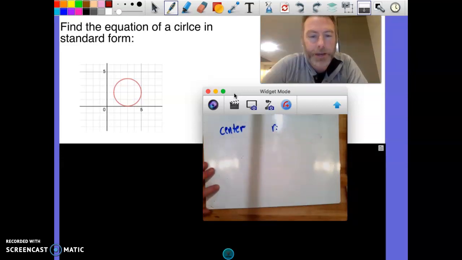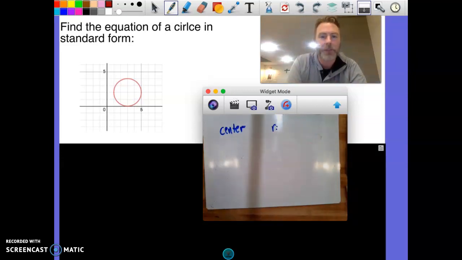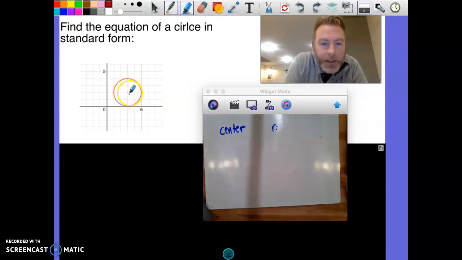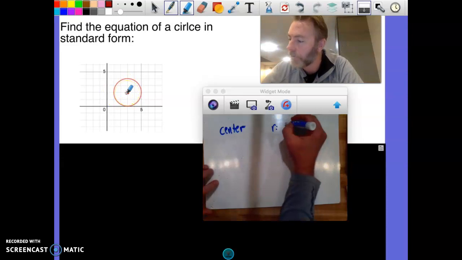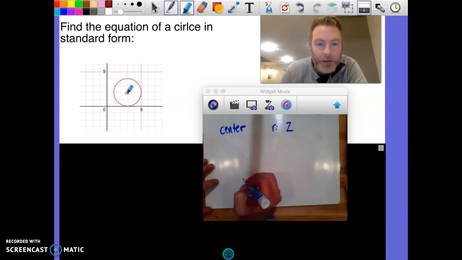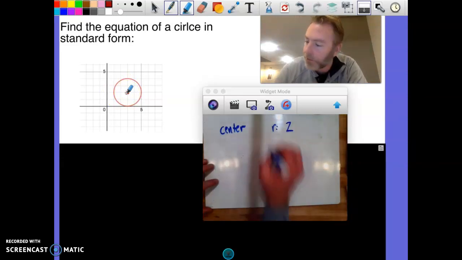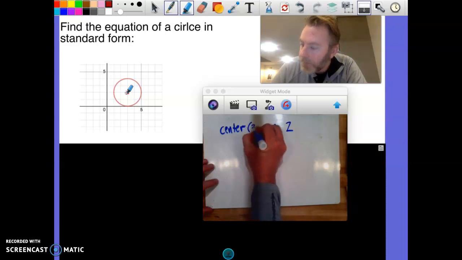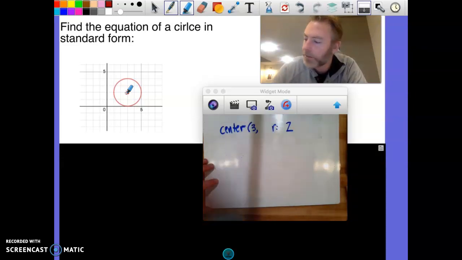So center and radius. Let's take a look at this particular problem right here. If I use my highlighter, I find my center right here, and then my radius is the distance from there to any point on this circle. So my radius is 2, and the center of this problem looks like it's 1, 2, 3. I'm going to write it as an ordered pair, 3 comma 2.